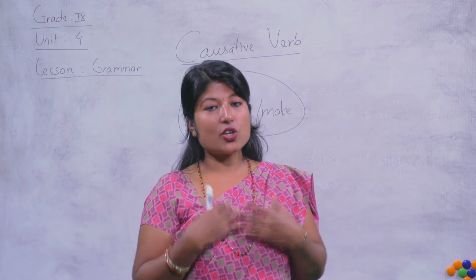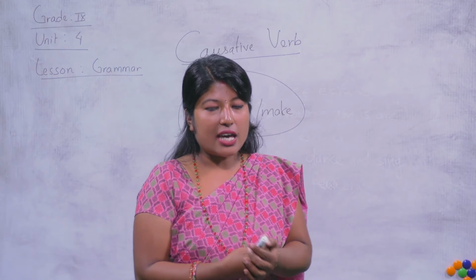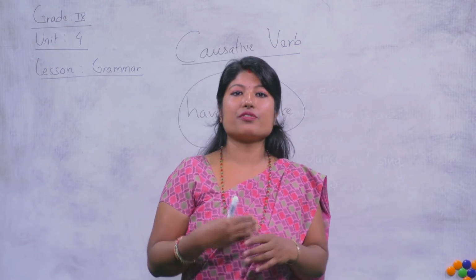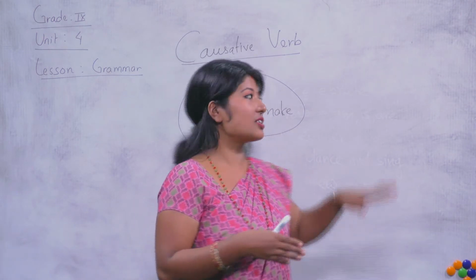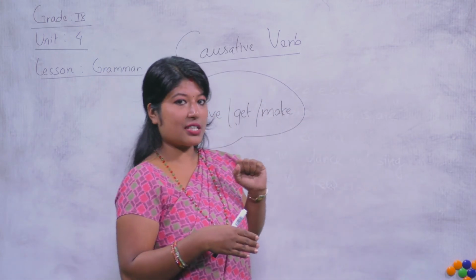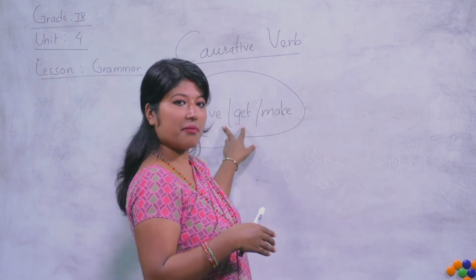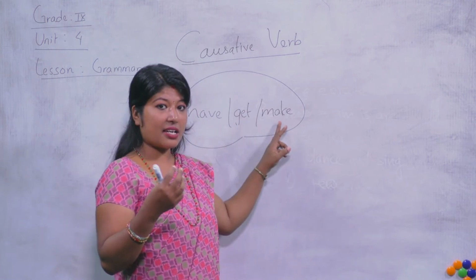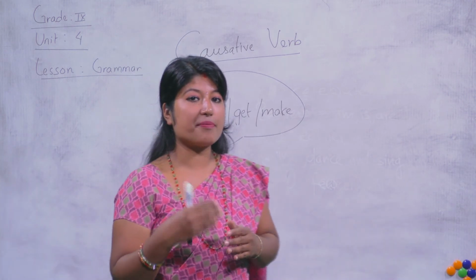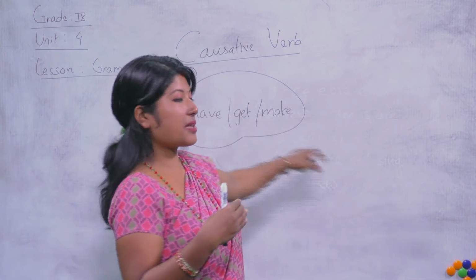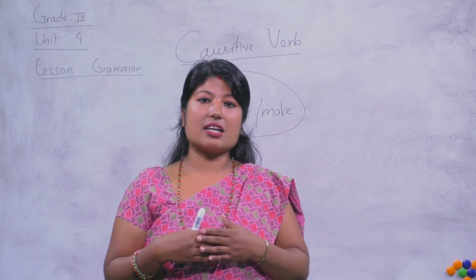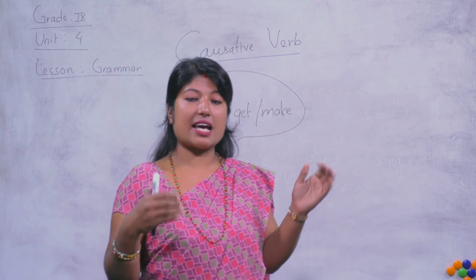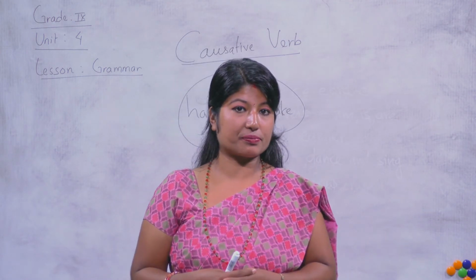At that time we cause somebody to do it, and the verbs we use for this purpose are called causative verbs. And mainly there are three causative verbs: have, get and make, and all the forms of have, get and make are used in sentences as causative verbs.